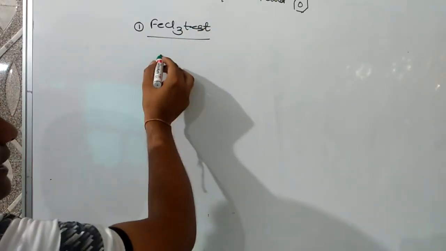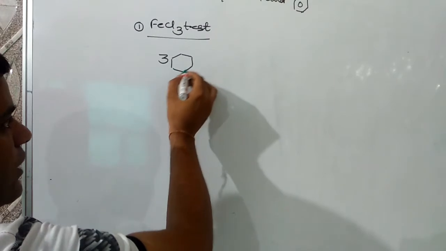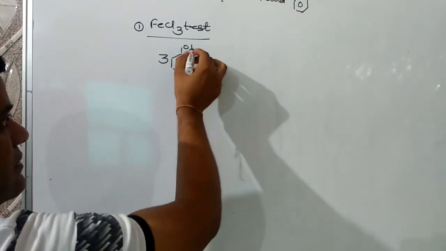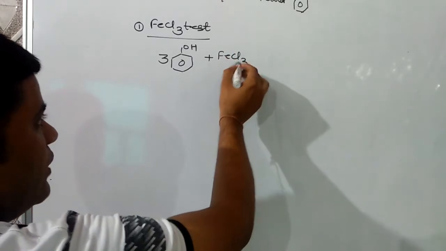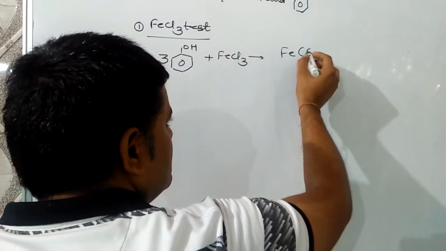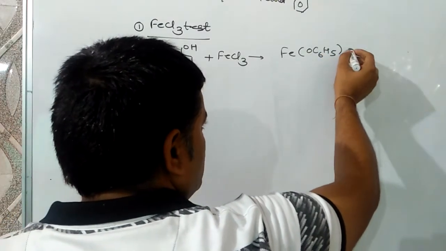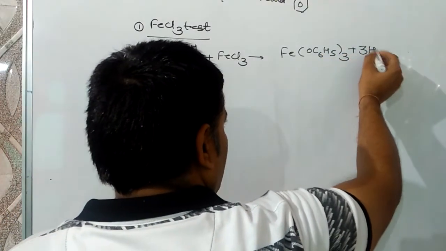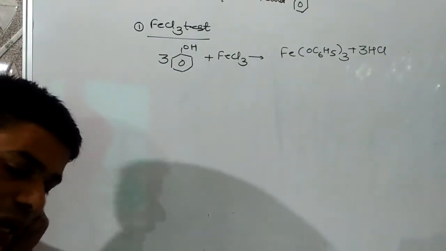Here in this test, phenol will produce a dark violet coloration, but alcohols cannot do so.